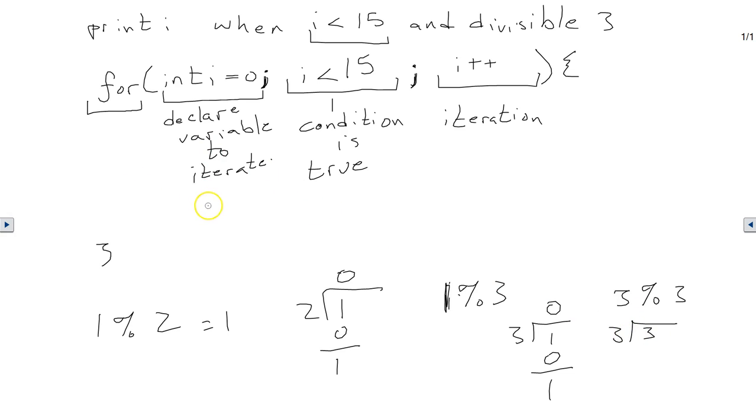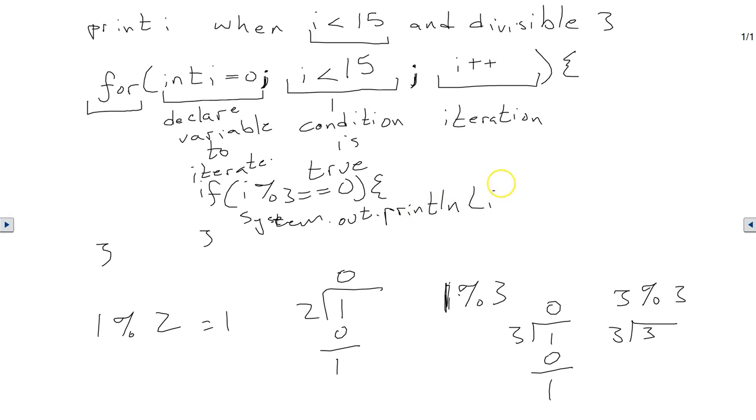Yeah, it would be. So I'll show you where it's going to be. It's going to be if I mod 3 equals 0. Is that in the curly brace? Yeah, within it. So if I mod 3 equals 0, then system dot out dot println. Okay?